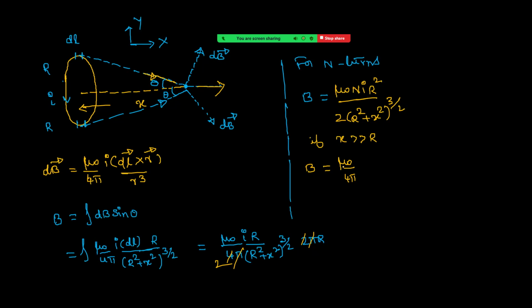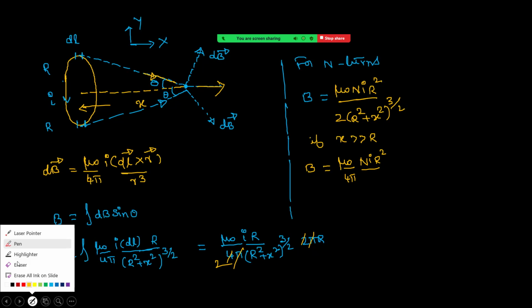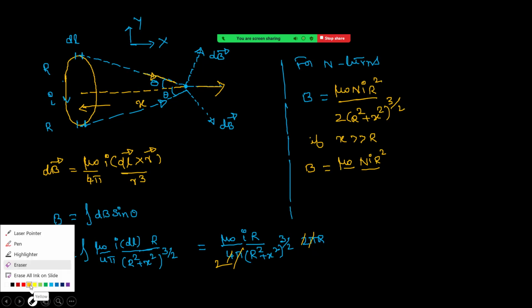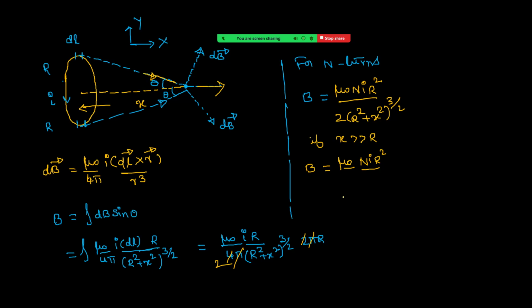Wait, there is no 4π here. It is only μ0 n I r square by 2x cube, right?